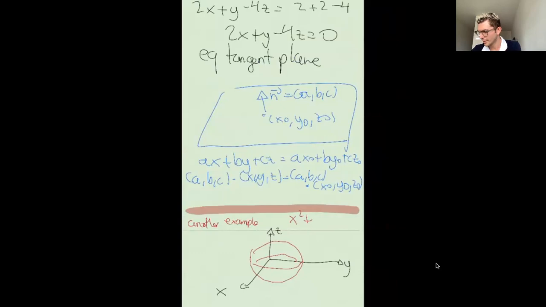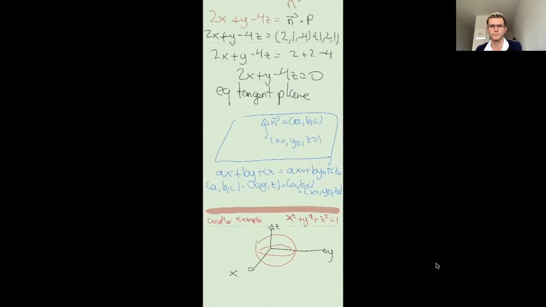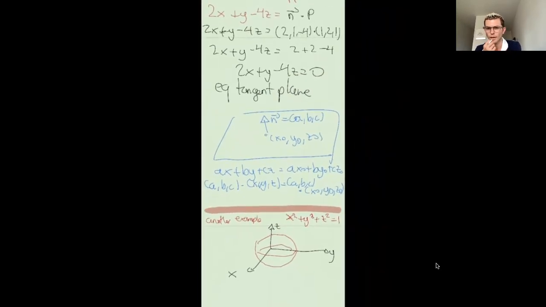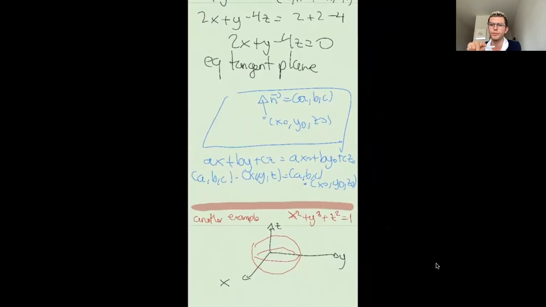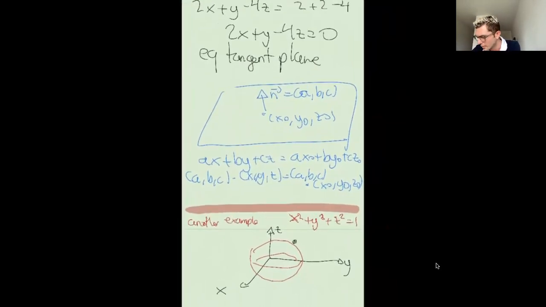So here you have x squared plus y squared plus z squared equals 1, right? And I take a point on the unit sphere. What could be an interesting point on the unit sphere? It could be (1 over root 3, 1 over root 3, 1 over root 3). So it's somewhere in here.